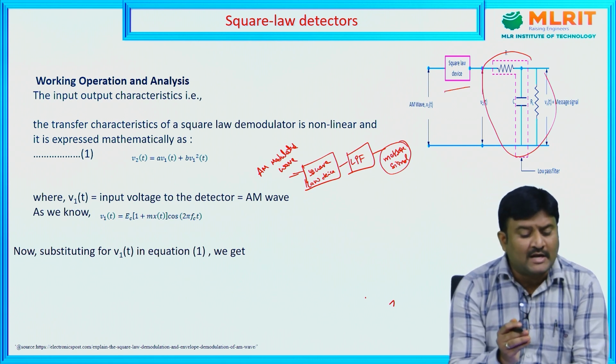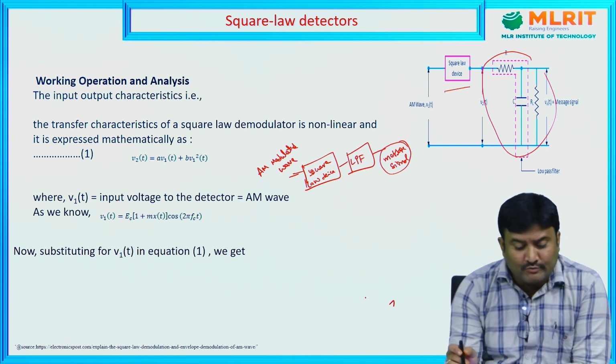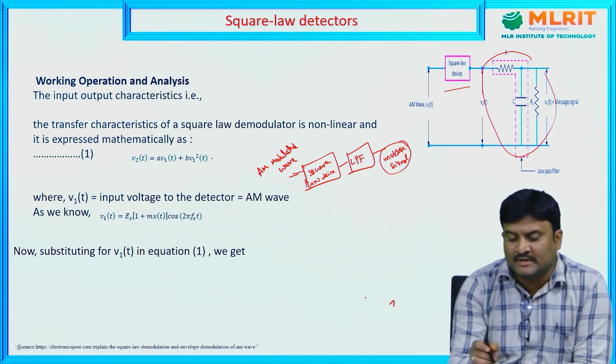Then observe the working operation with respect to the diagram. Here V2 of t equals A into V1 of t plus B into V1 square of t, because we are using a square law device.